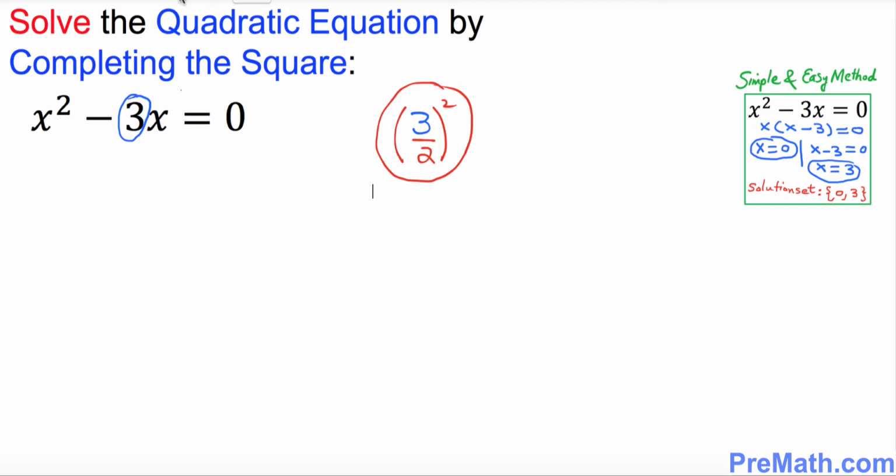So let's go ahead and do this. I'm going to put down x squared minus 3x plus, equal to 0 plus. So I'm going to add this quantity, 3 over 2 squared, on both sides.